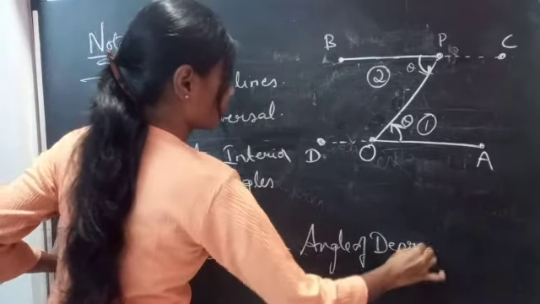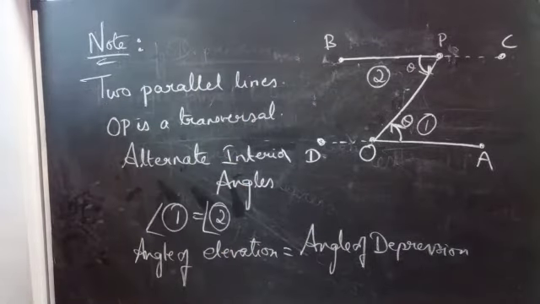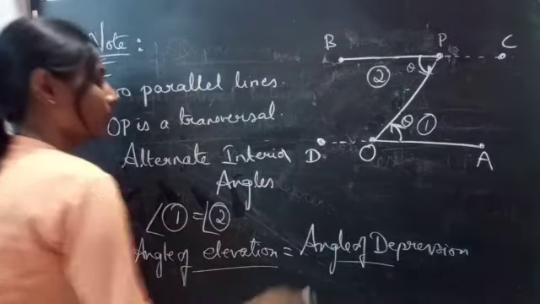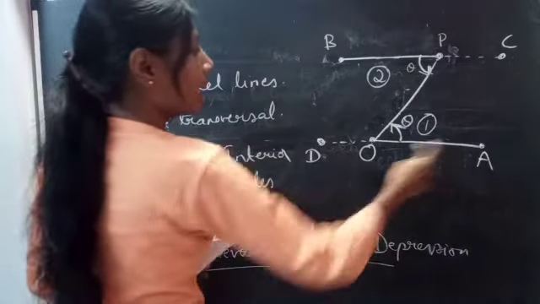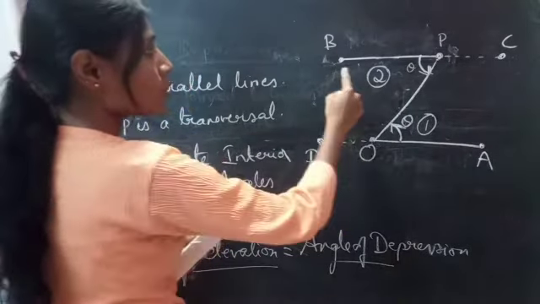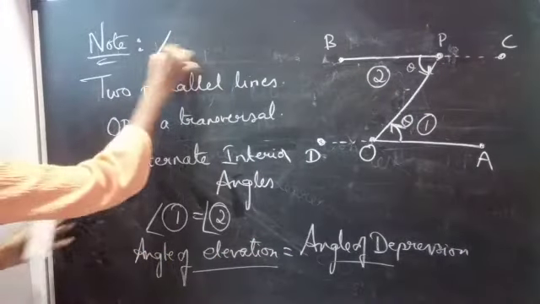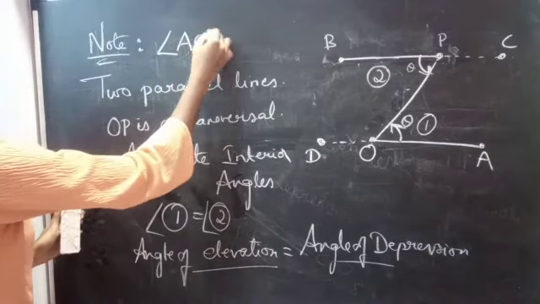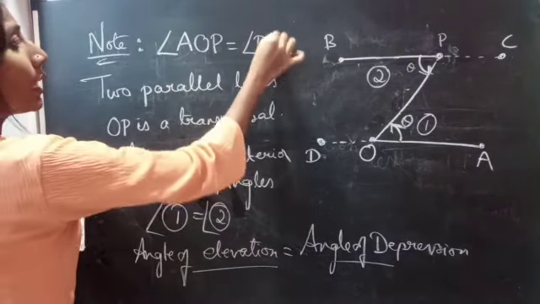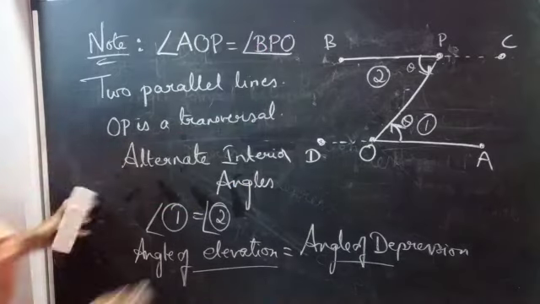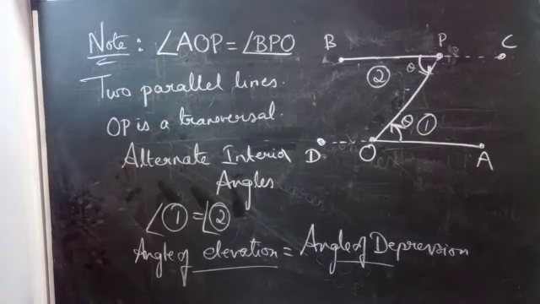That is, angle AOP is equal to angle BPO. Angle of elevation is equal to angle of depression. Fine.